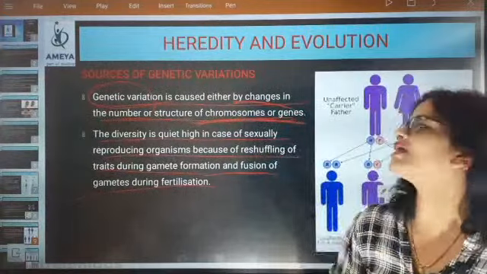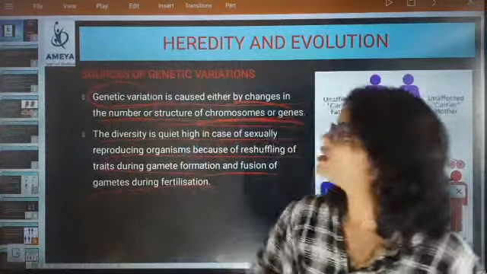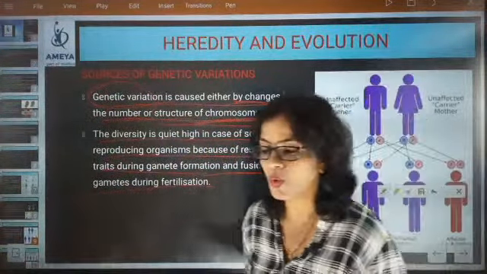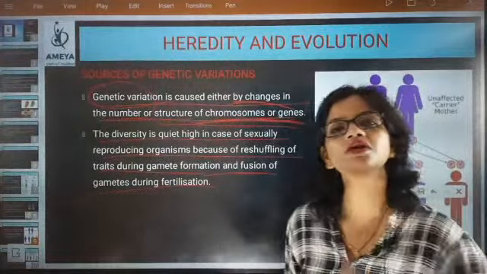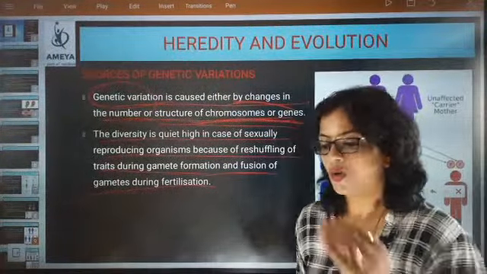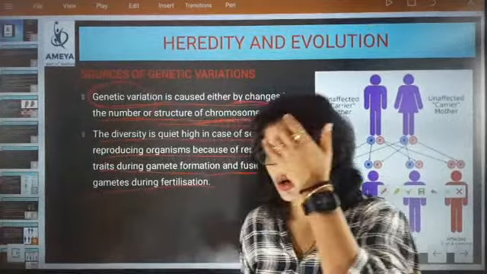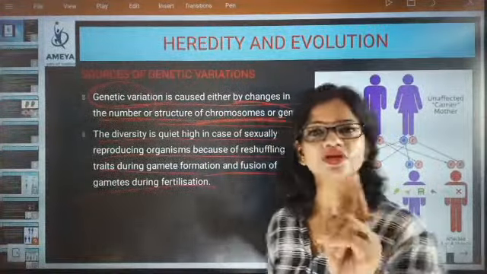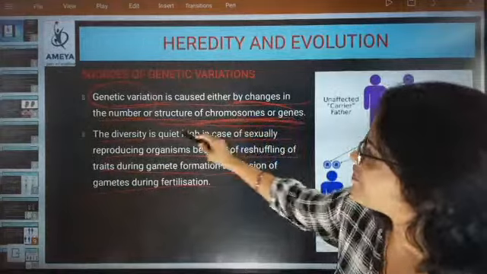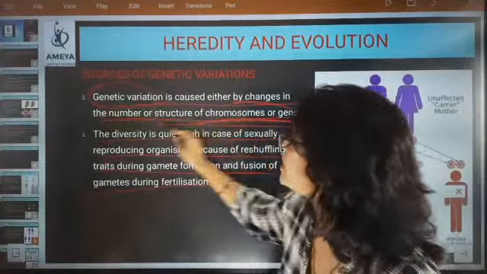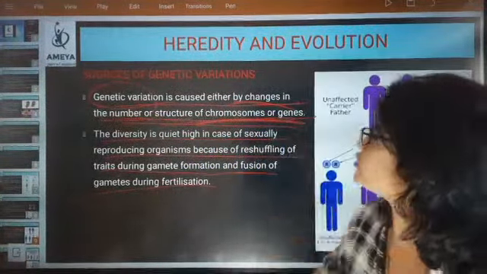Now if somebody asks you what factors cause genetic variation, the first factor is change in the number or structure of chromosomes or genes.